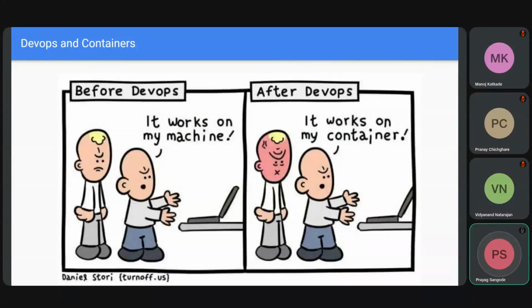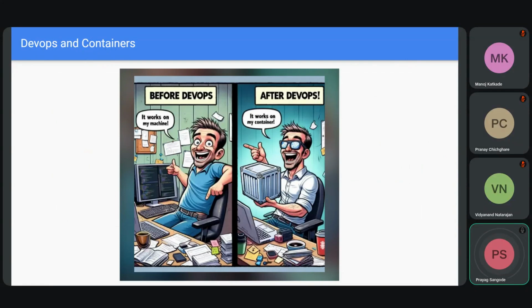If you see this image, before DevOps, we were saying that it works on my machine, and after DevOps, we'll mostly be saying it works on my container.